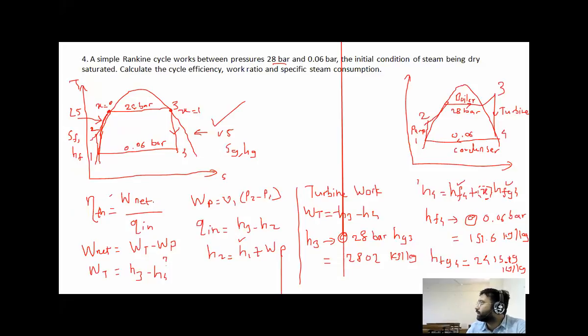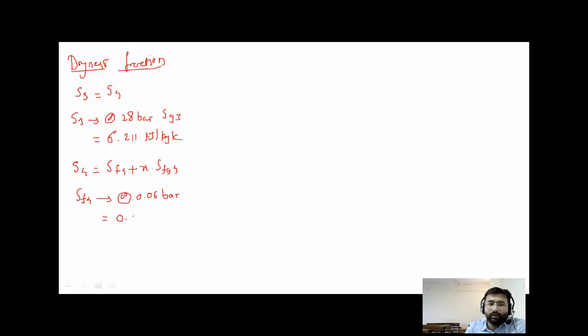Go to the pressure table, the steam table. Go to 0.06 bar, go to the SF column. 0.521 kilojoule per kg Kelvin.